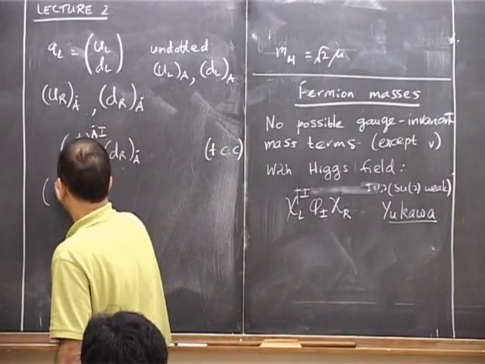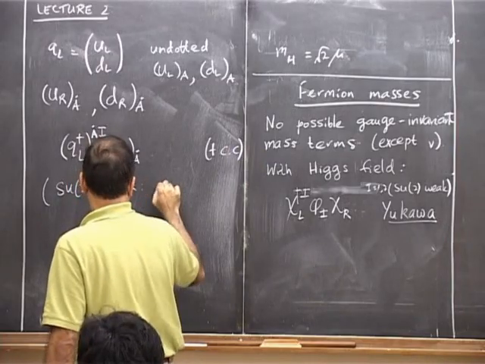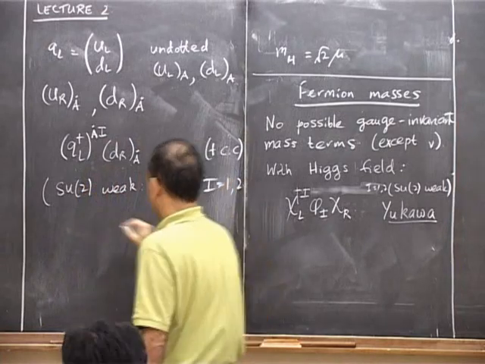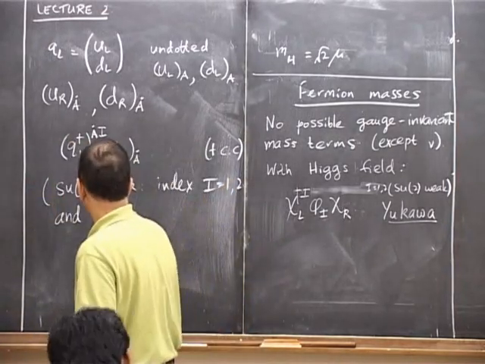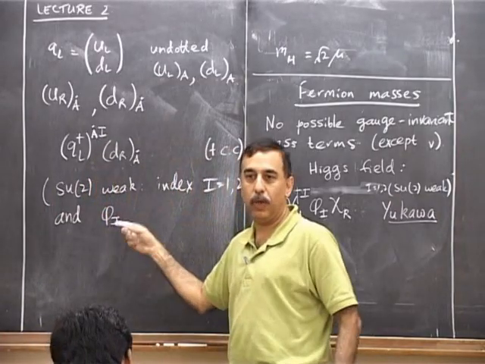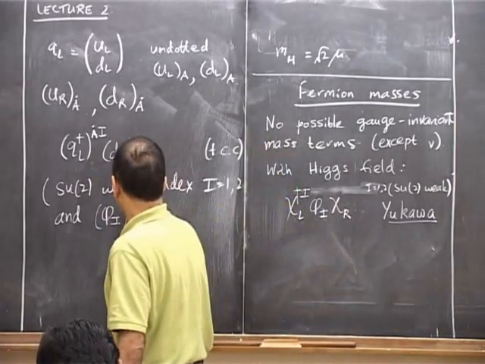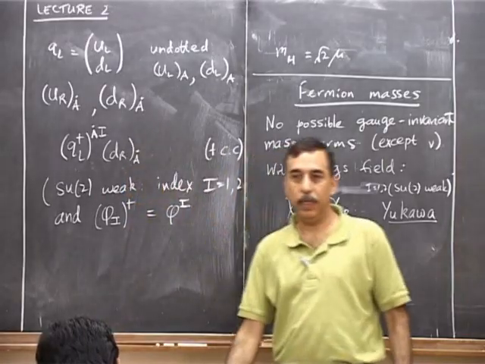So in parenthesis we'll say that for SU2 weak, the index is I equals 1 and 2, and any field daggered, for example the Higgs field itself, phi I with I equals 1 and 2 are the two components of the Higgs field, phi plus and phi 0. If I dagger it or star it, then it becomes phi upper I.